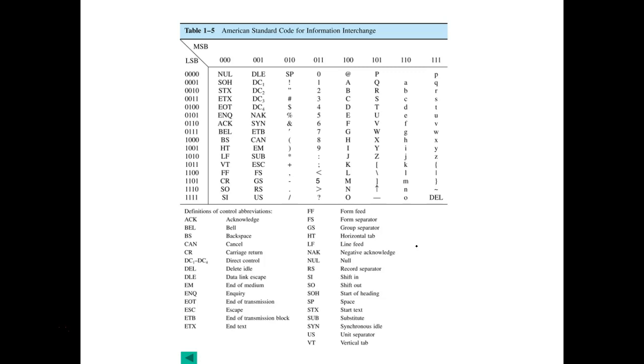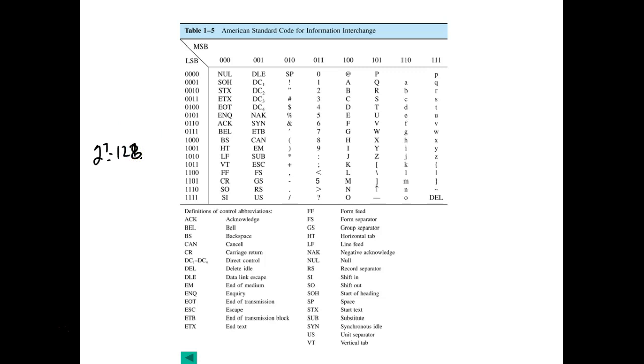So this is the ASCII code chart that's in the text. It's a 7-bit code, which means I have 2 to the 7th combinations, which gives me 128 characters.